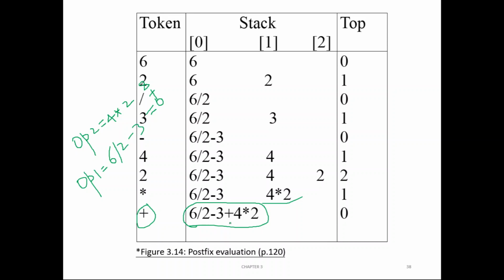If it is an operand, just push it into the stack. If it is an operator, then don't push that operator to the stack. Rather pop the top two operands. The topmost operand will go into operand 2, and the next one you pop will go into operand 1. Now perform the operation on operand 1 and operand 2, and push the result into the stack.